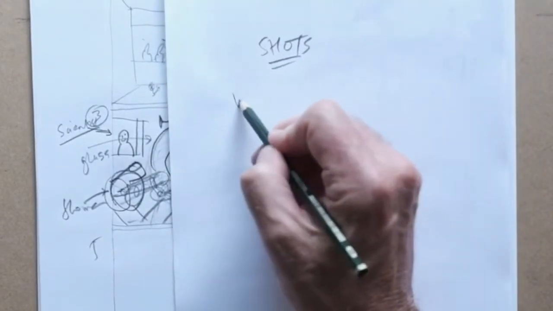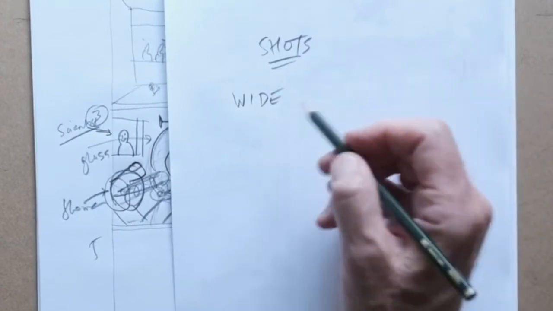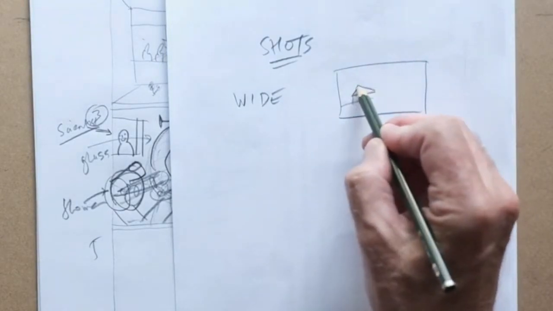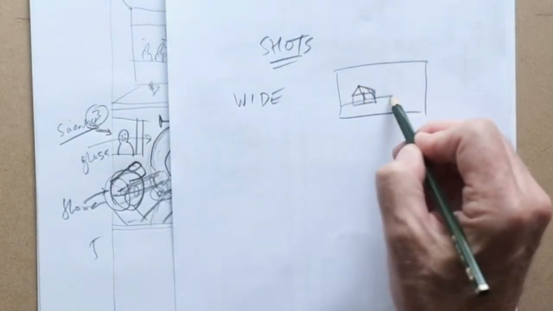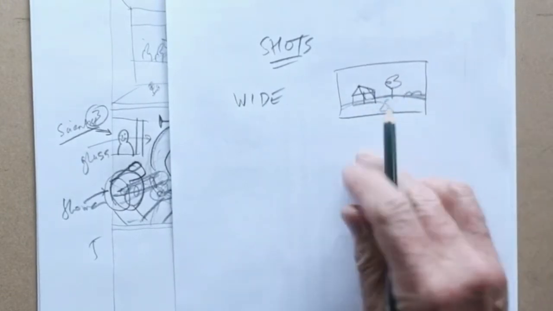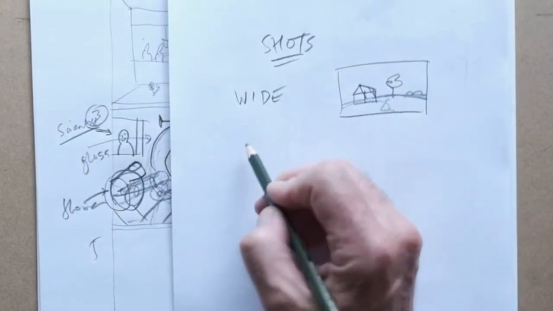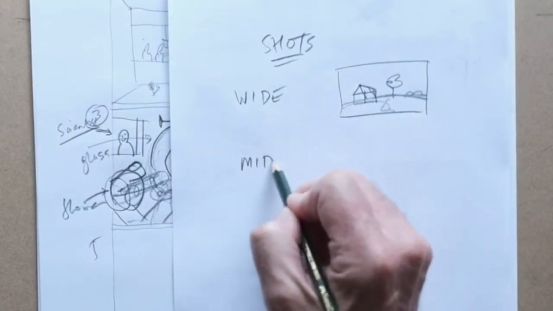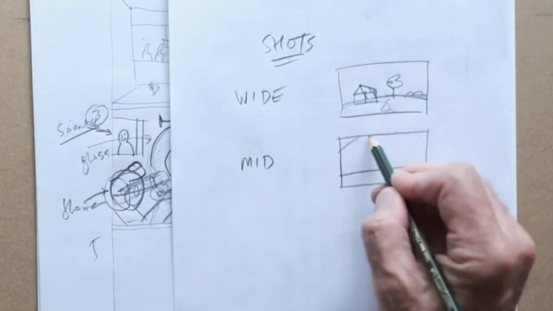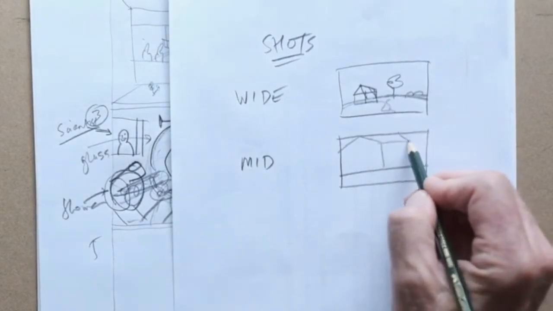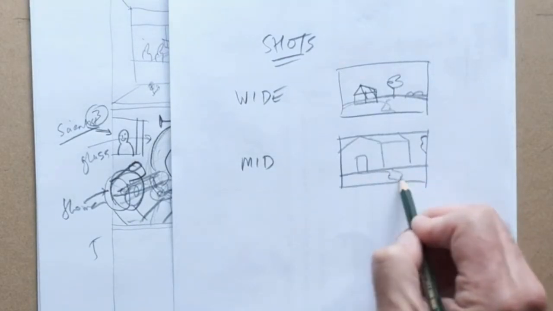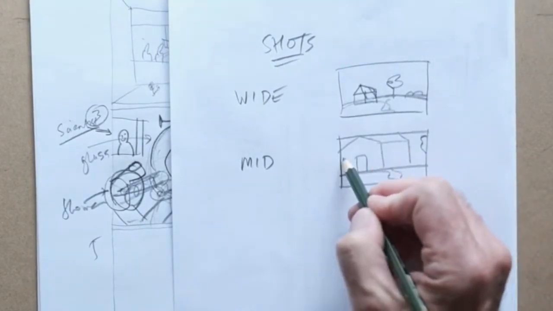Okay, wide. Let's say there's a house with a tree. So that's the wide shot. Mid shot might be a sense of the house being there, tree being there, and maybe we see a person in the window.